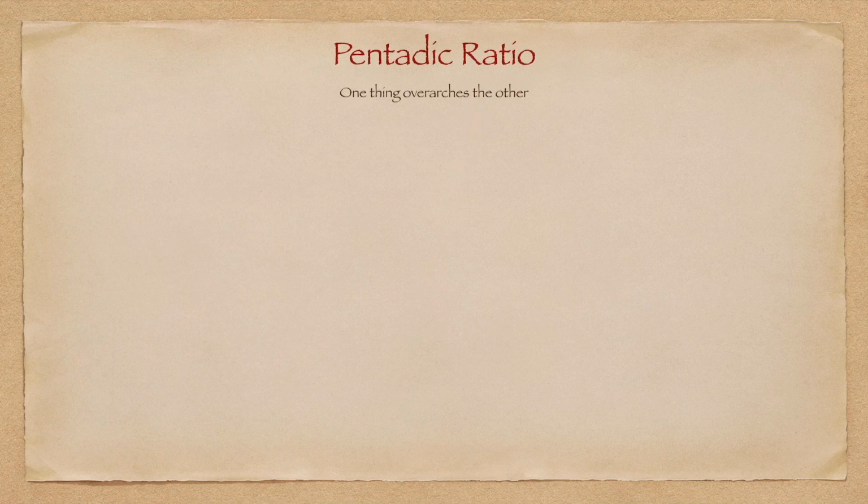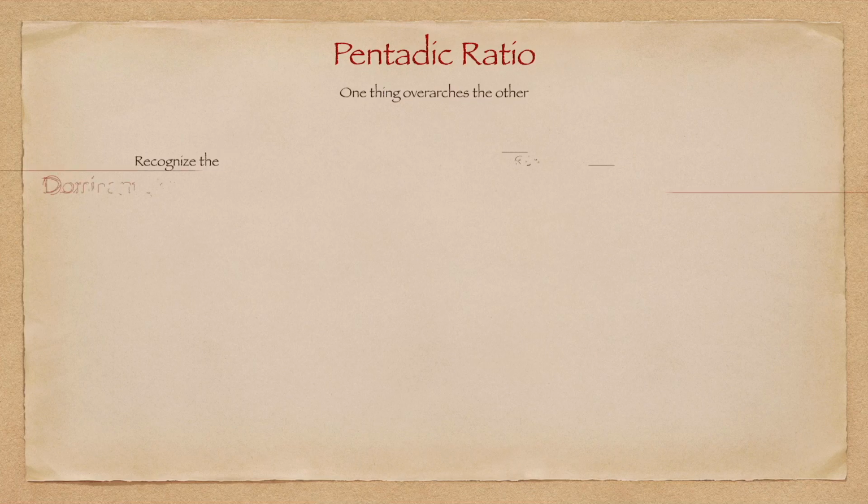That gets us to pentadic ratio. A pentadic ratio is where one element of the pentad overarches, defines, situates all the other elements. As a critic, that's what you're looking for. You're looking for that element that overarches and defines all the other elements.